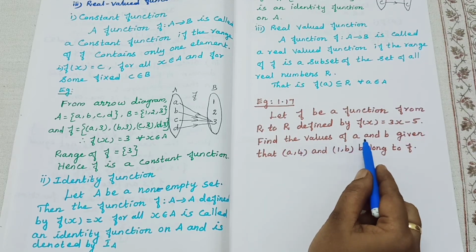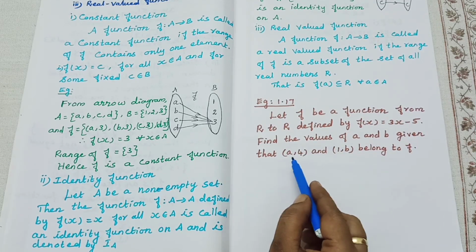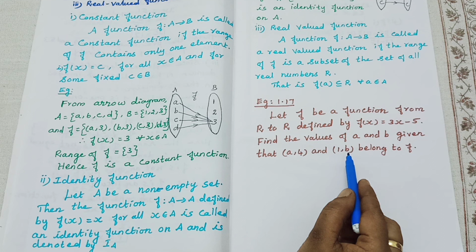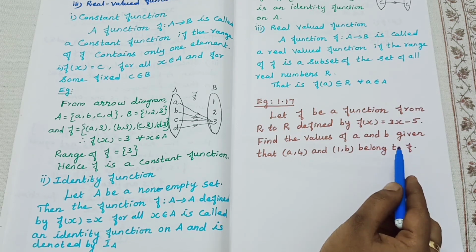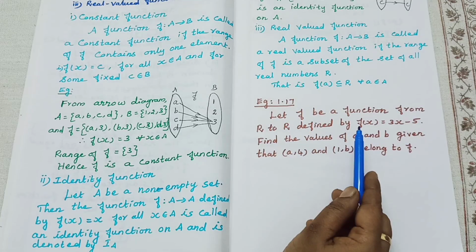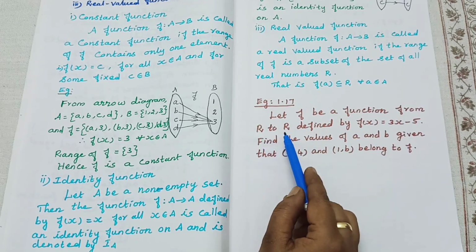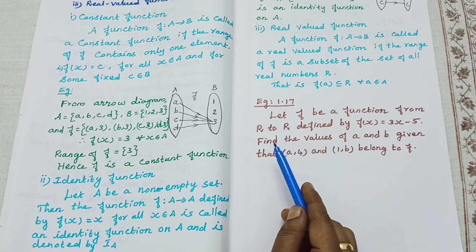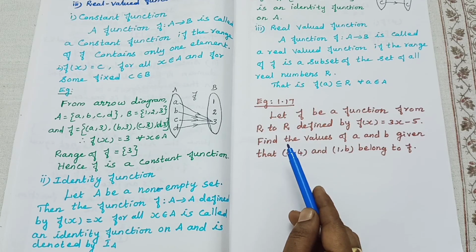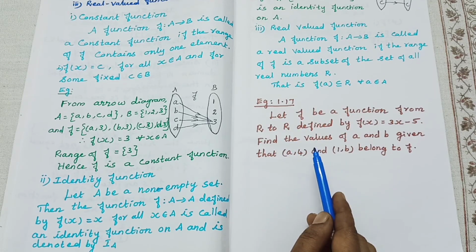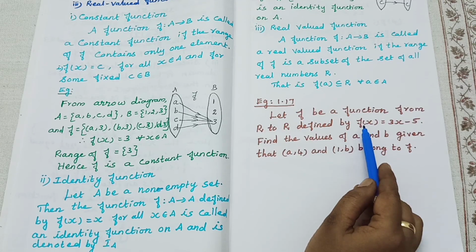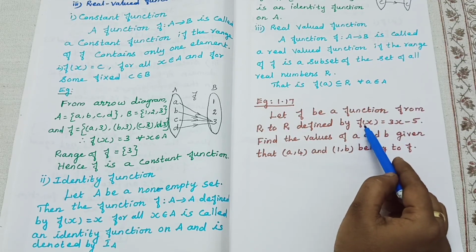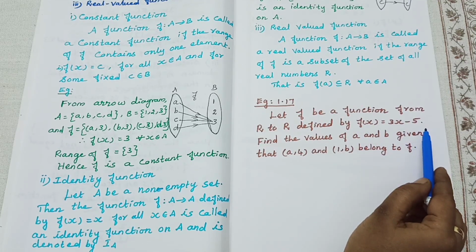Real numbers means positive numbers, negative numbers, decimals, all values will come.